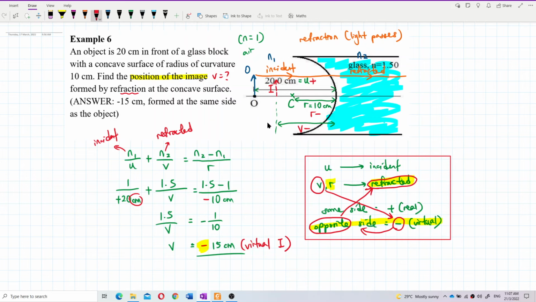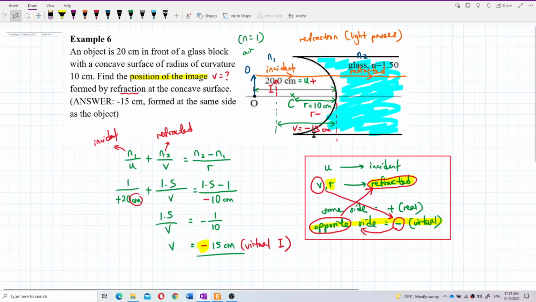I got V is negative 15 centimeter. So more than the radius of curvature and less than the 20 centimeter object distance. So image distance must be over here.